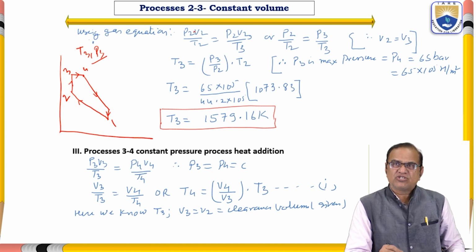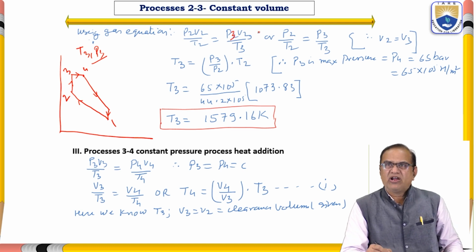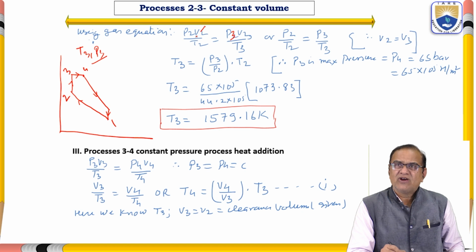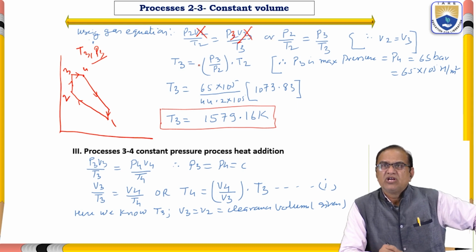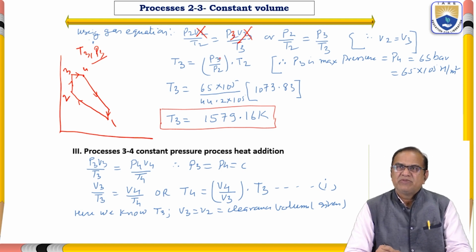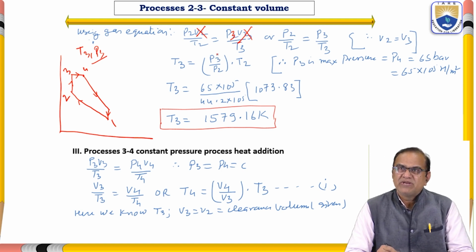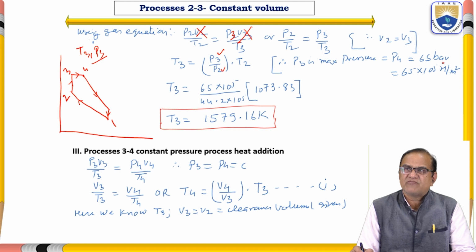So by using the gas equation, P2 V2 by T2 is equal to P3 V3 by T3, and here it is a constant volume, V2 is equal to V3, both are cancelled. So we will get P2 by T2 is equal to P3 by T3. So T3 is equal to P3 by P2 into T2. P3 is given, P2 we have just found out. It is the maximum pressure. So P3 and P4 is equal to 65 bar.